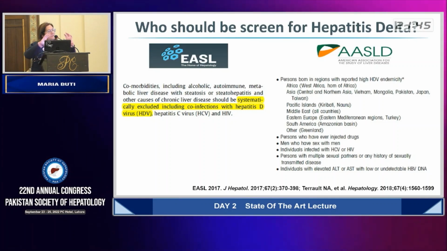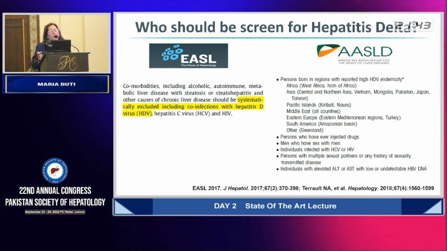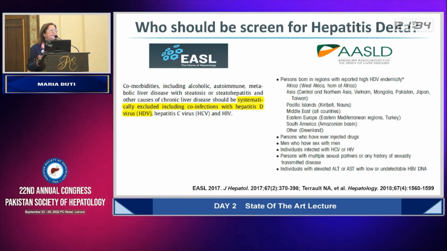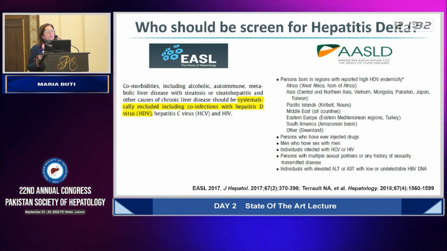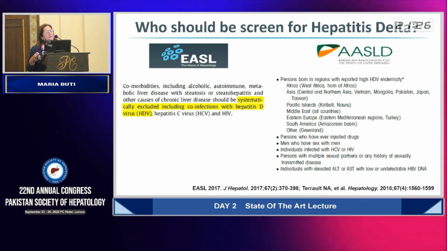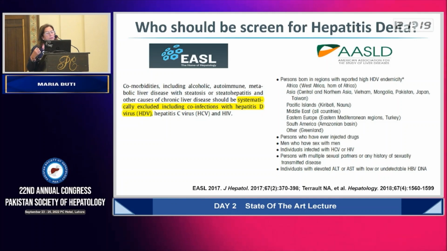Then, having this map, who should be screened for hepatitis delta? And this is an important question, and guidelines disagree. If you look at the European guidelines, the recommendation is that systematically we need to exclude co-infections in all HBs antigen positive people. That means exclude hepatitis D, hepatitis C, and HIV.